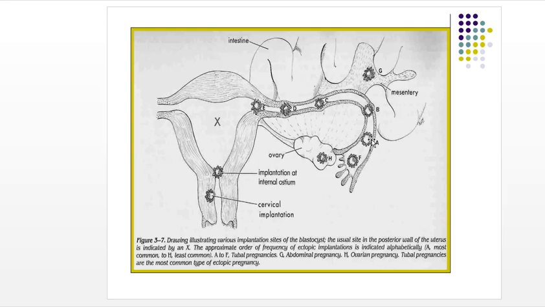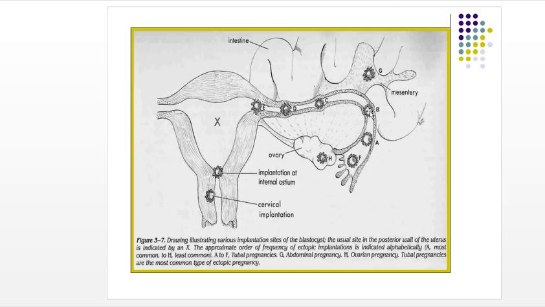These implantations continue to develop, and the pregnancy continues until the end of the second month. But after the second month, as a result of rupture of the tube, the embryo is aborted and the pregnant woman has severe bleeding, and this is urgent.